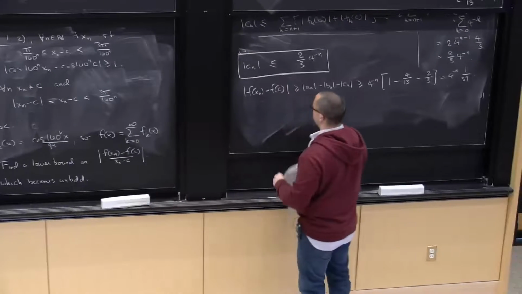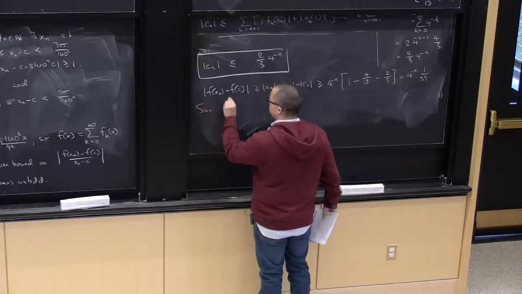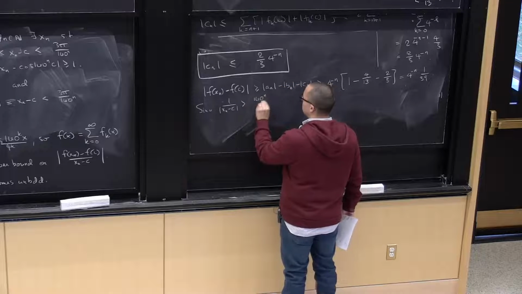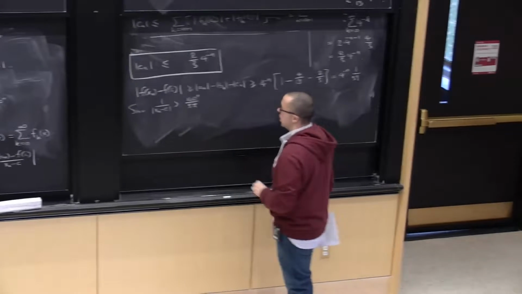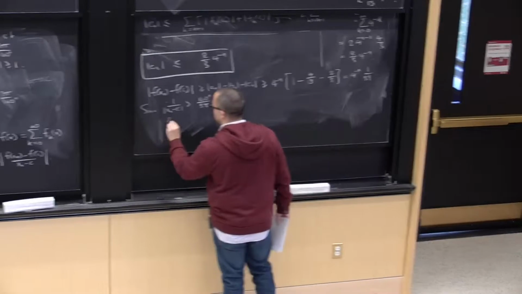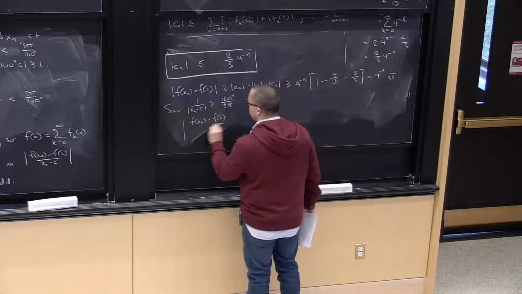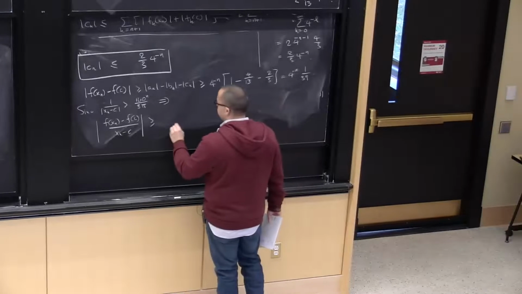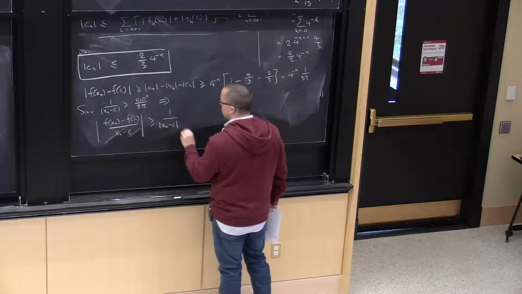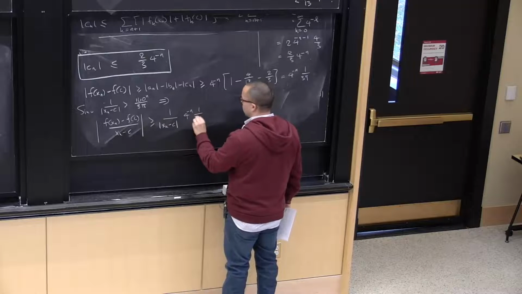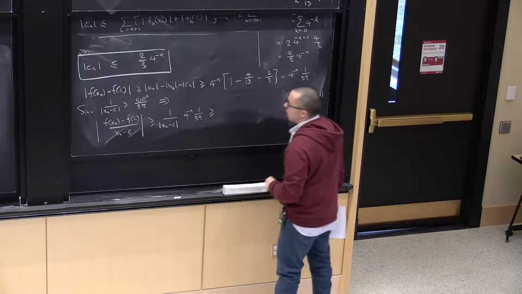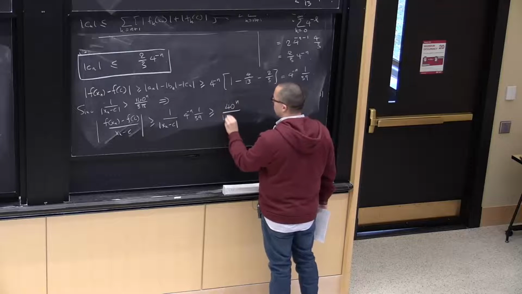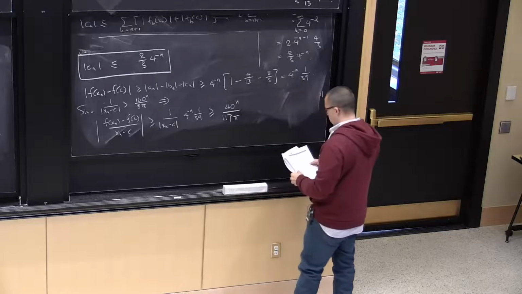And therefore, when I take reciprocals, I get that the absolute value of f of x sub n minus f of c over x sub n minus c is bounded from below by 40 to the n over 117 pi.